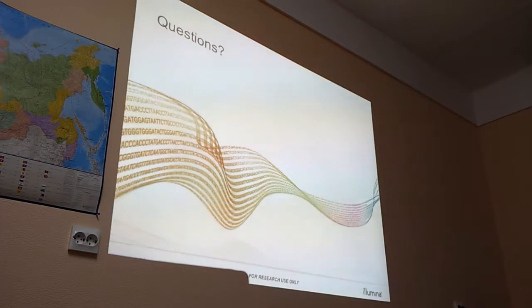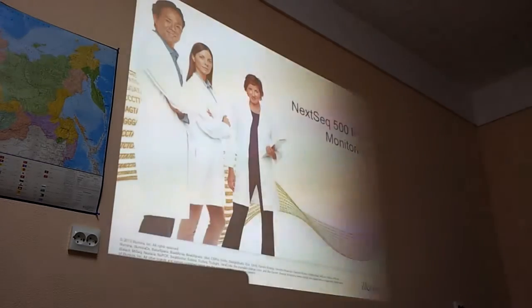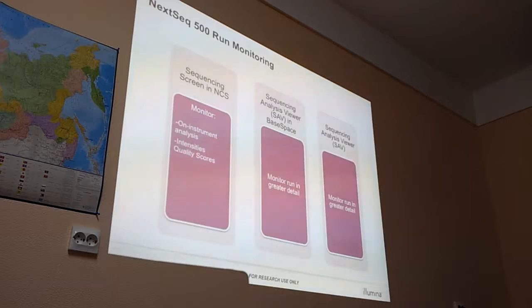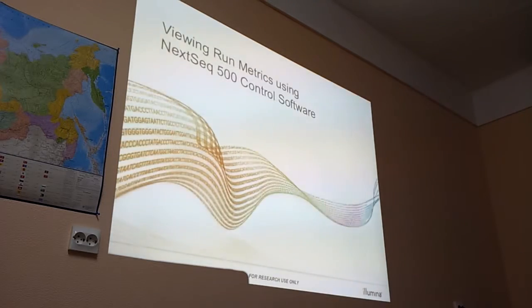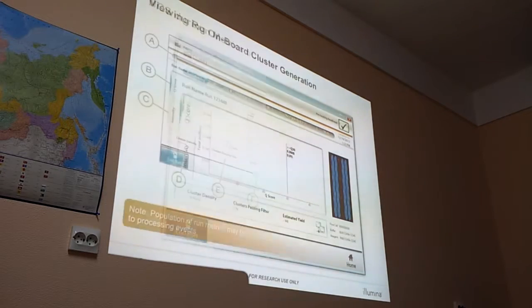Right, so this was just the overview. Monitoring the quality. You can use the sequence analysis viewer, and I think you know this already. So this is what you see now.